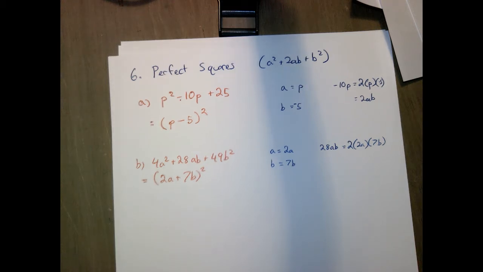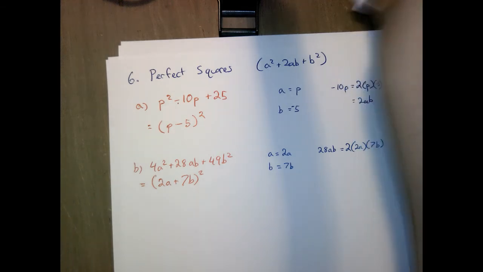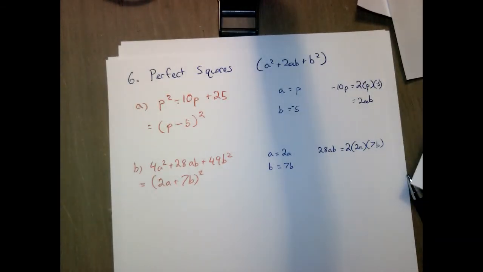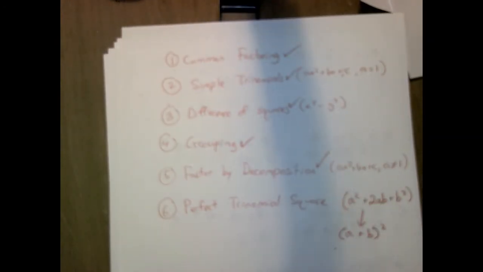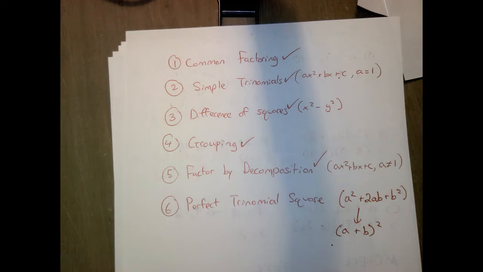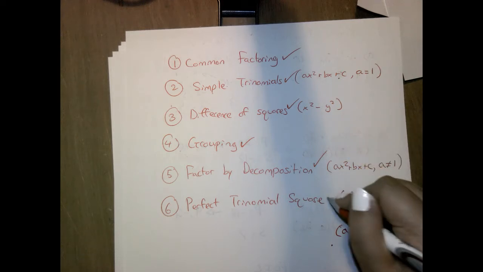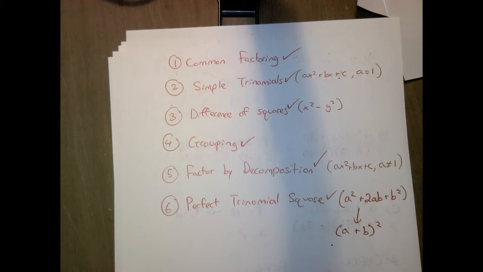All right, so your homework for tonight is a worksheet on factoring. Do make sure that if any of these forms of factoring are an issue for you, go back to the part of the video where we were talking about that specific kind of factoring, right?